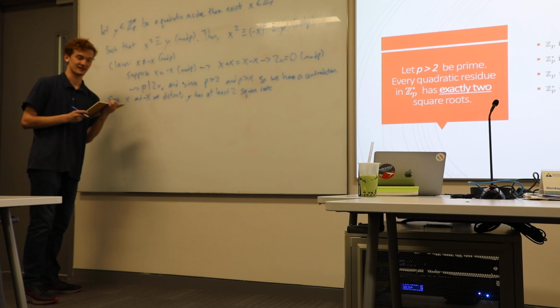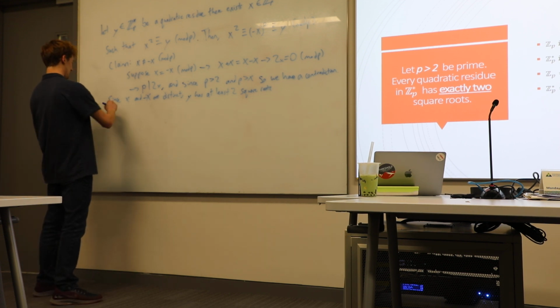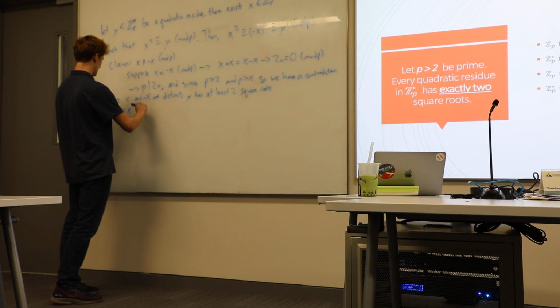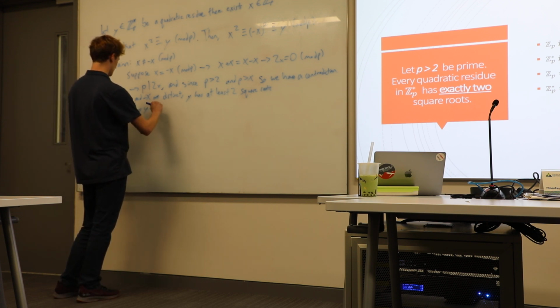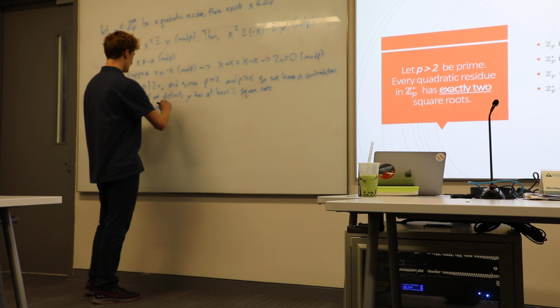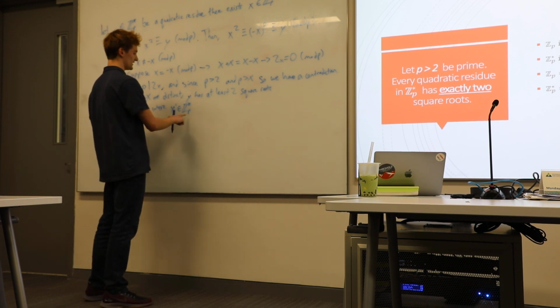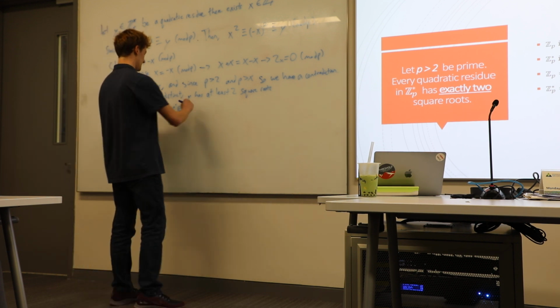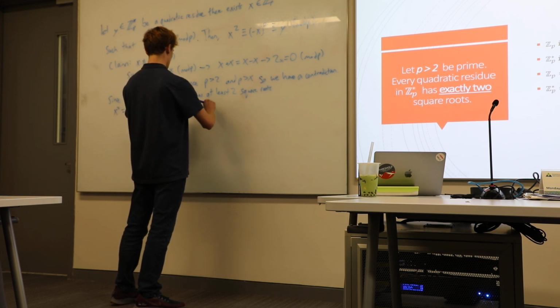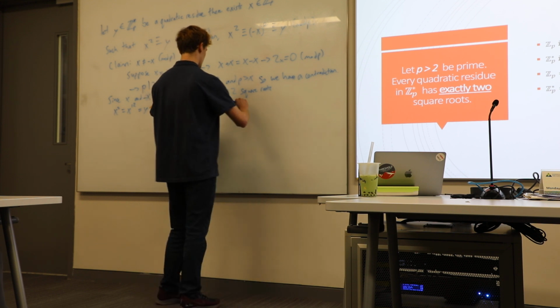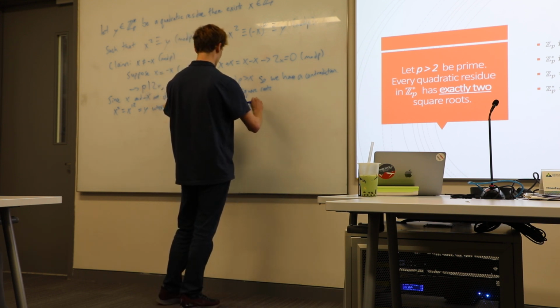Okay, suppose that there was another square root out there. So we say that x squared is equal to x prime squared is equal to y, where x prime is also in Z mod p star, so all the numbers from 1 to p minus 1, is another square root of y.